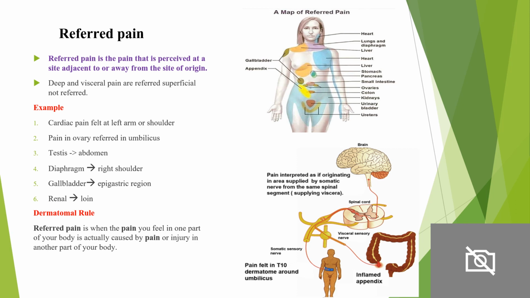For example, the heart and the inner aspect of the left arm originate from the same dermatome. In the diagram we saw the appendix and the umbilicus. What I have told now is the heart and the left arm. They are innervated by the same dermatome. So if you have any problem in the heart, the referred pain will occur in the left arm. Okay, that's all about referred pain.